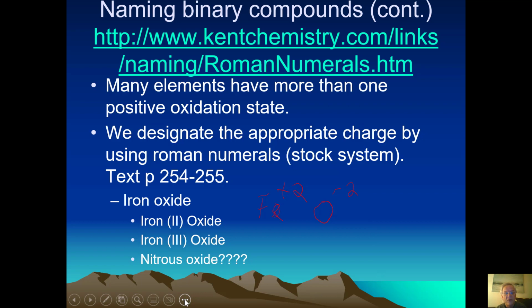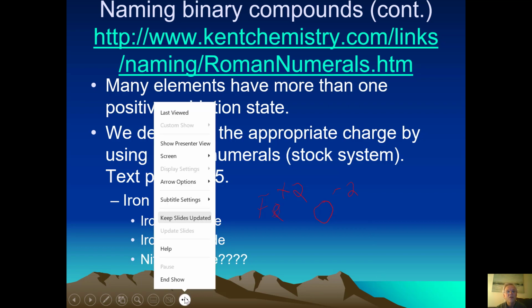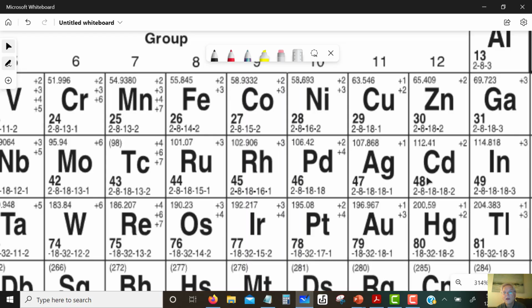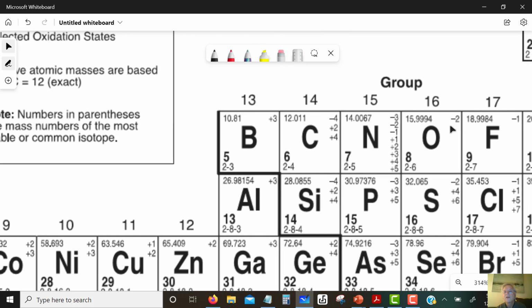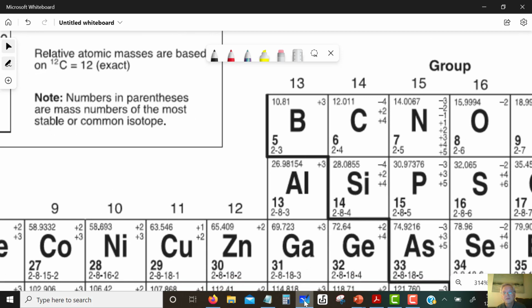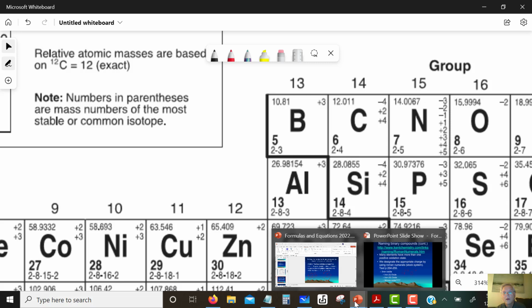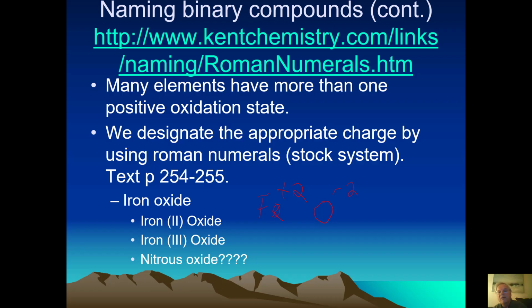And I look up oxygen's oxidation state. Just going to show you for this one. I know this is redundant, but oxygen has a -2 oxidation state all the time. -2.